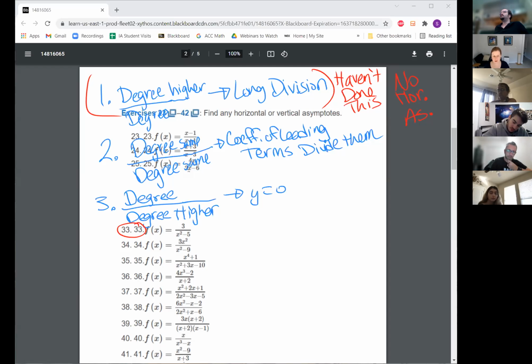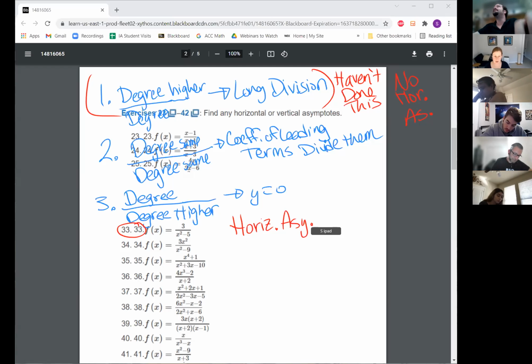Yeah, the degree's higher on the bottom. There is no degree on top, right? The x would have a 0 degree. So the bottom definitely is bigger for the degree. So what's our horizontal asymptote? Horizontal, would that just be the 0? It's y equals 0. Yep, automatically.